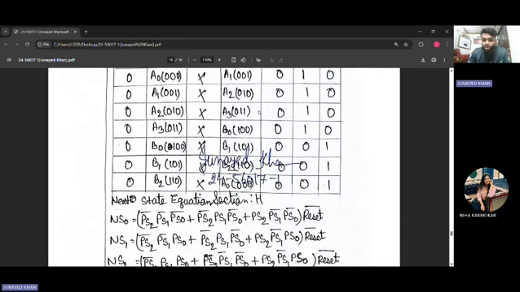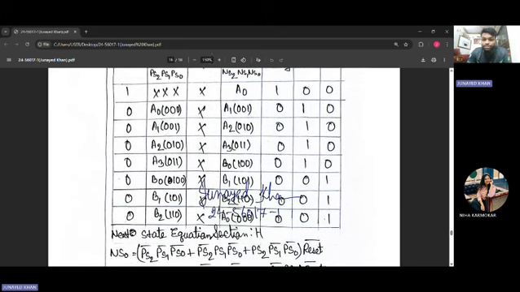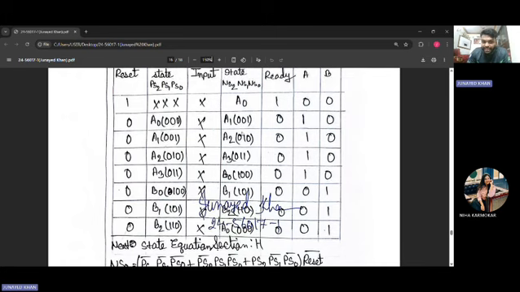For ns0, we check which states have a 1 in that bit. In A1 the ns0 bit is 1, but in A2 the ns0 bit is 0, so we will not take A2. Then in A3 the ns0 value is also 1, but B0 is 100, so the ns0 value is 0, and we will not take B0.